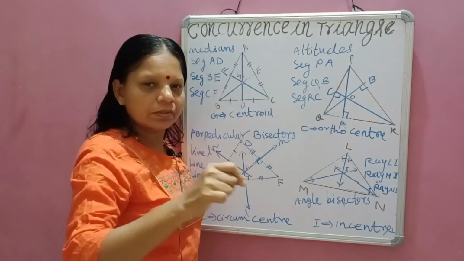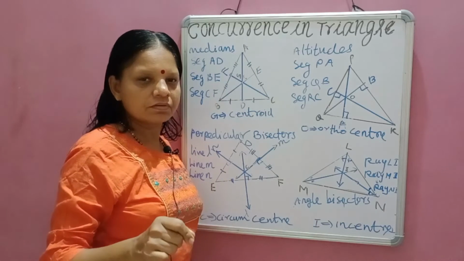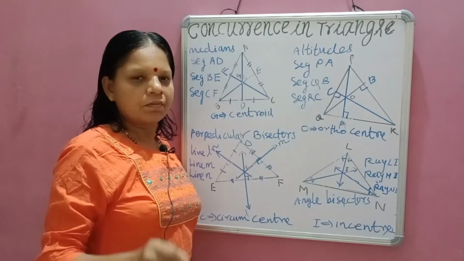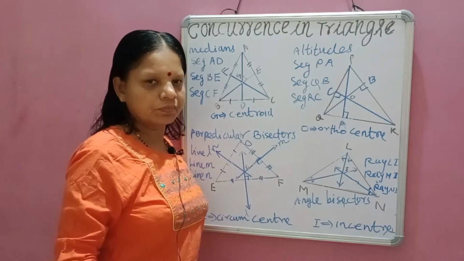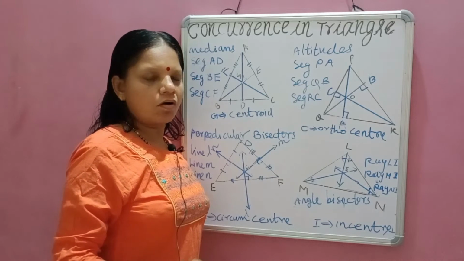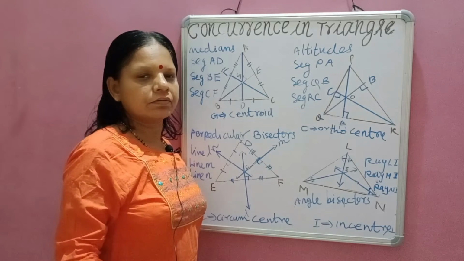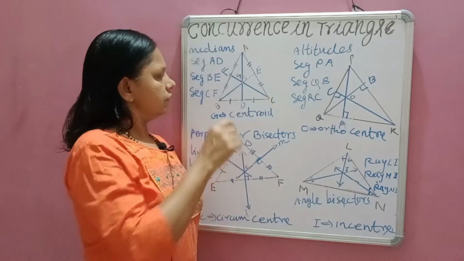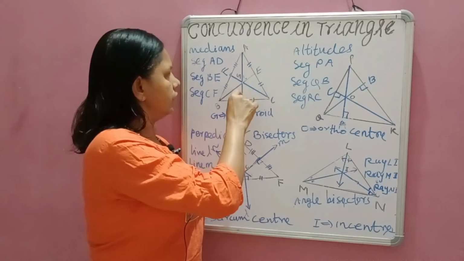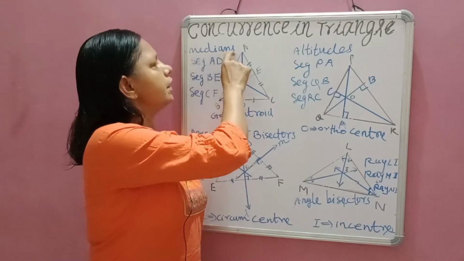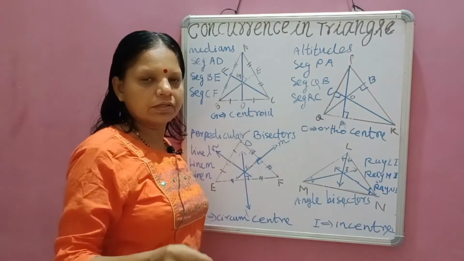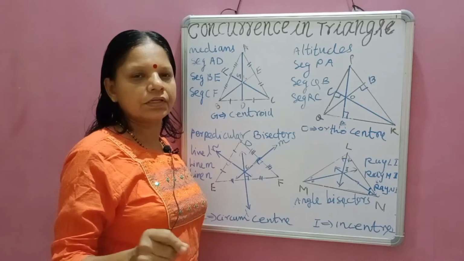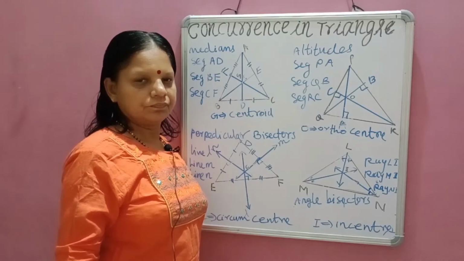So how is the segment AD formed? By joining the midpoint of a side and the opposite vertex. This segment AD is called a median of the triangle.